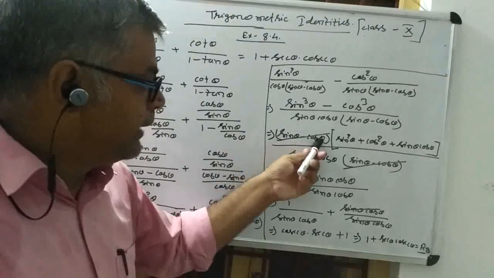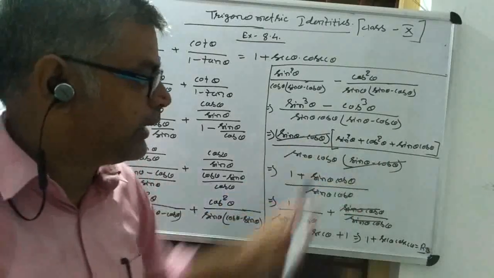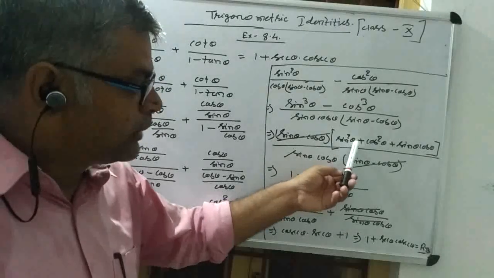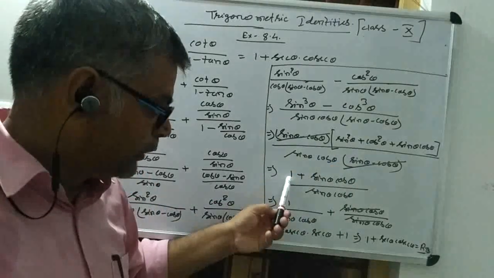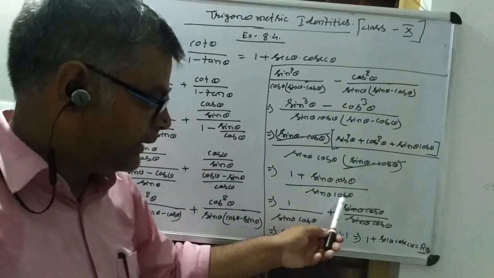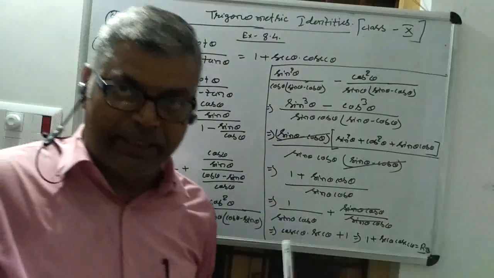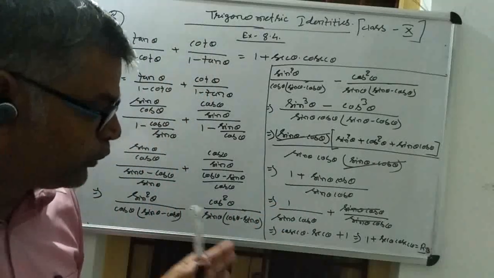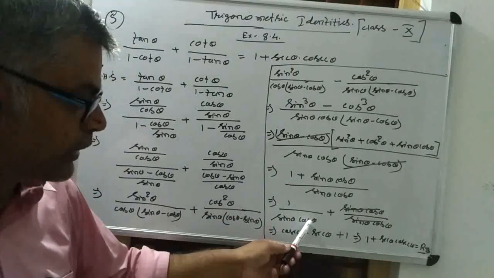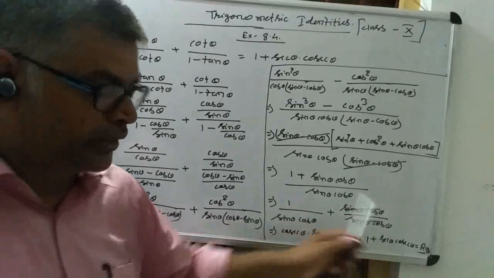Now sin theta minus cos theta in the numerator and sin theta minus cos theta in the denominator will get cancelled. So we will have sin square theta plus cos square theta, which equals 1, plus sin theta cos theta, by sin theta cos theta. Now breaking this into two separate terms, we can write 1 by sin theta cos theta plus sin theta cos theta by sin theta cos theta.